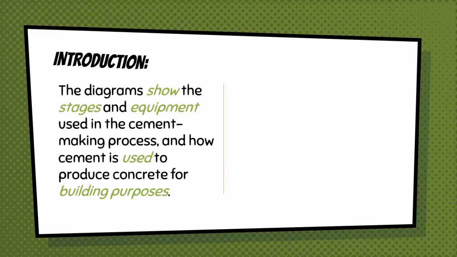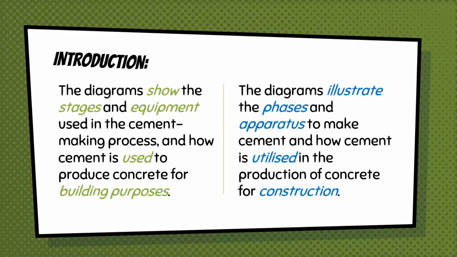The diagrams illustrate the phases and apparatus to make cement and how cement is utilized in the production of concrete for construction. Notice words like phases, apparatus, utilized in construction to further extend your vocabulary and avoid repetition.